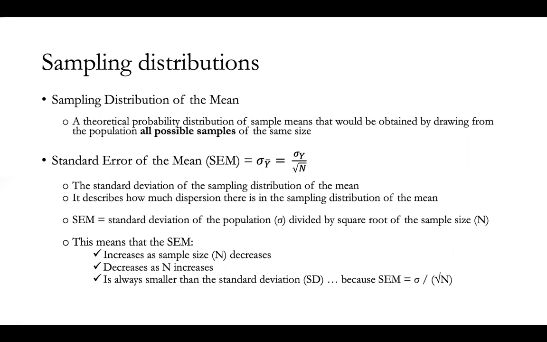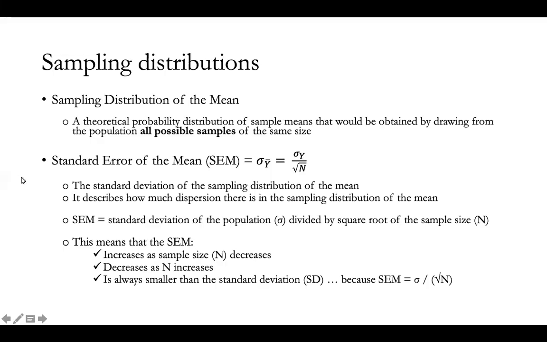Another way of saying it: what if we went back to the population and drew a lot of different samples of the same size? What would our mean or our average measure look like for a given outcome that we're interested in? If we go back again and again and redraw samples from that population, our means might be really similar, or there might be some discrepancies from one sample to the next, even if it's the same population.